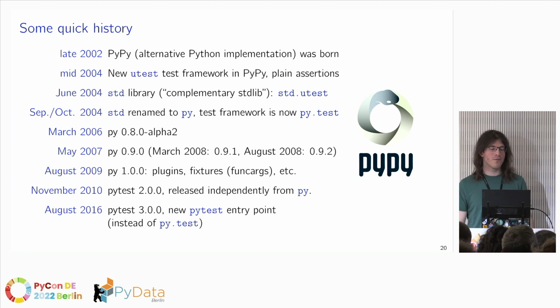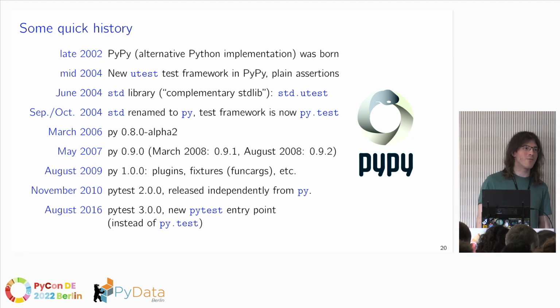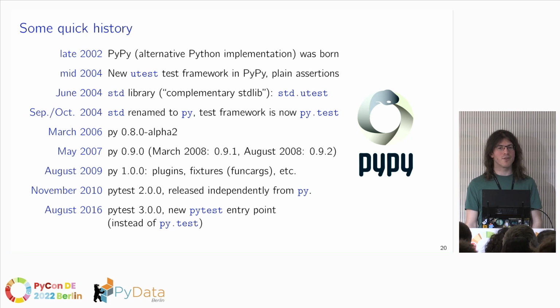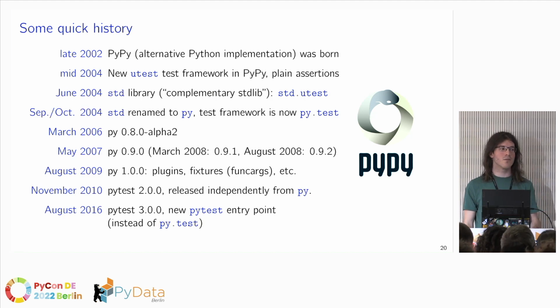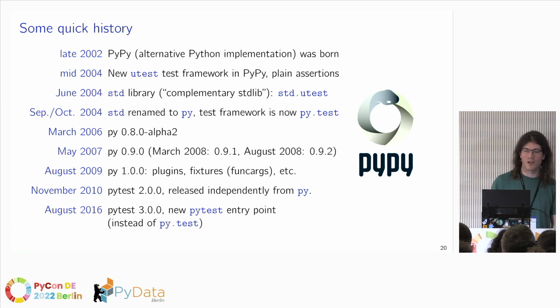And finally, before we start, I want to give you a very quick history lesson because I kind of dug into this a bit and found it quite interesting. PyTest is actually a very old project for Python compared to other Python projects. And it was born as a part of PyPy, which is an alternative Python implementation instead of the CPython implementation people normally use.